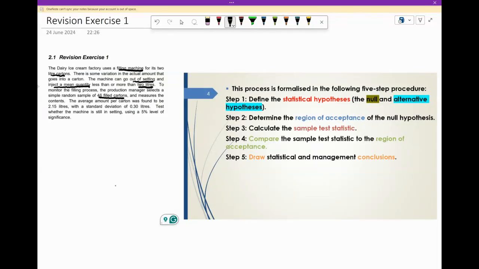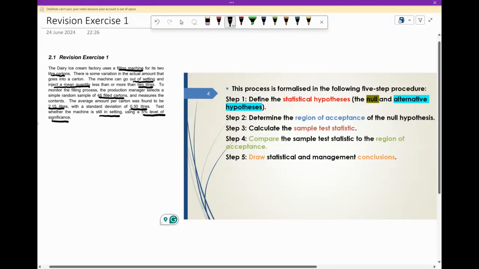The average amount per carton was found to be 2.15 liters, with a standard deviation of 0.30 liters. Test whether the machine is still in setting using a 5% level of significance.